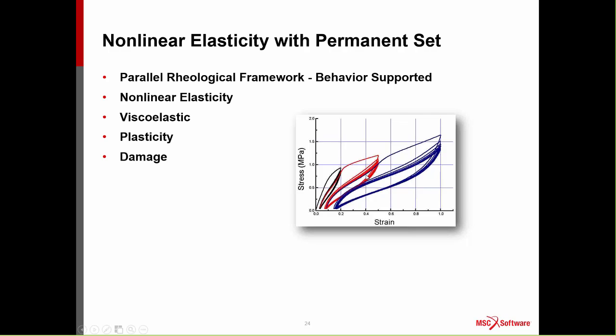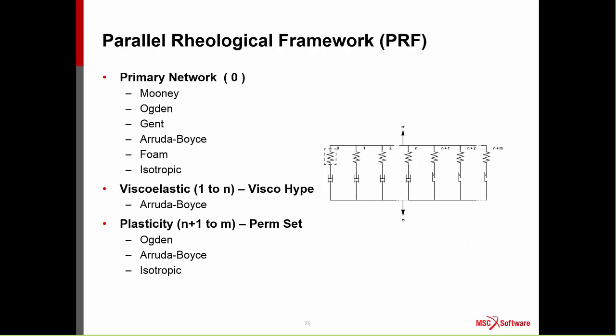And what happens is the more strain we apply, we end up having this so-called permanent set. So this model, which we call the parallel rheological framework, has a contribution that's nonlinear elastic, viscoelastic, and we use the word plasticity, even though it's not really like metal plasticity, and damage as well.